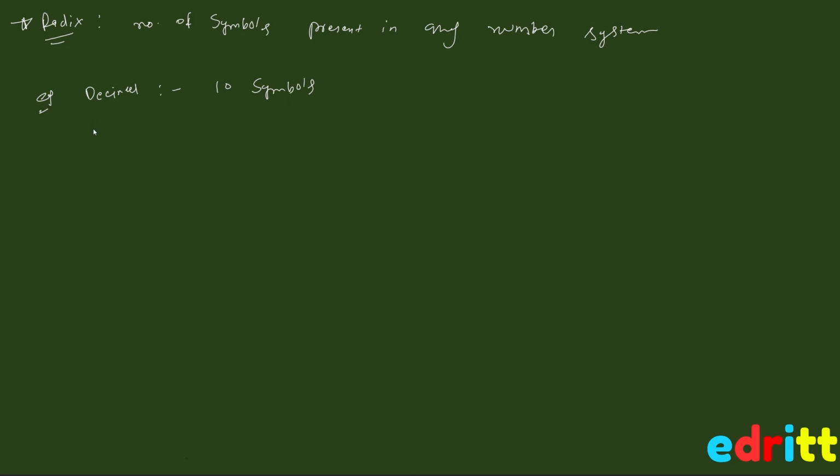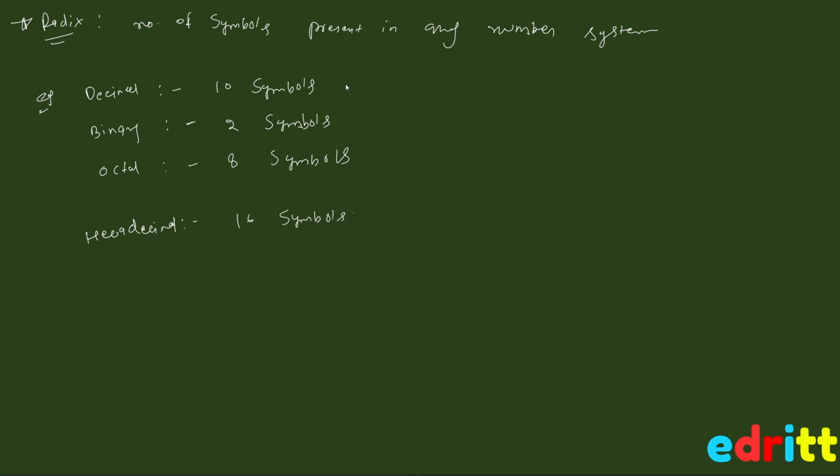Similarly, in the binary number system, we have two symbols available. In octal, we have eight symbols available. And in hexadecimal, we have in total 16 symbols available.